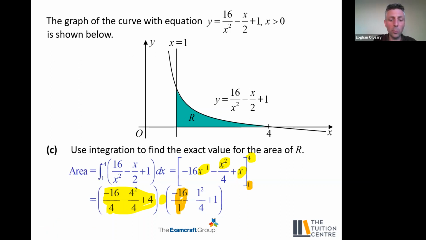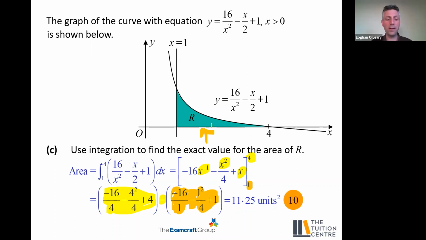So I'm going to be subbing 1 in for x in all of these parts here. And then I'm going to subtract one bracket from the other. So I'm going to subtract the number I get using the lower limit from that of the higher limit. And I'm going to get an answer of 11.25 units squared. And that's the exact area under the curve. And it's one of the uses of integration. So that was 10 marks.